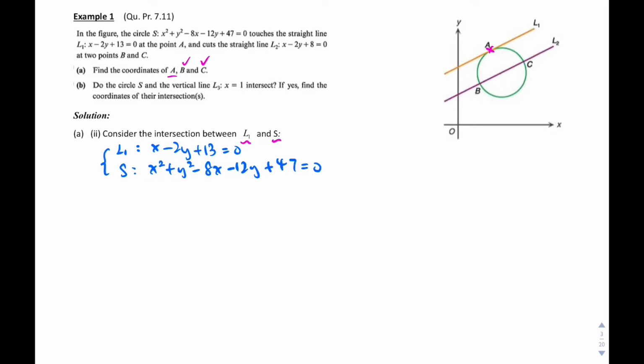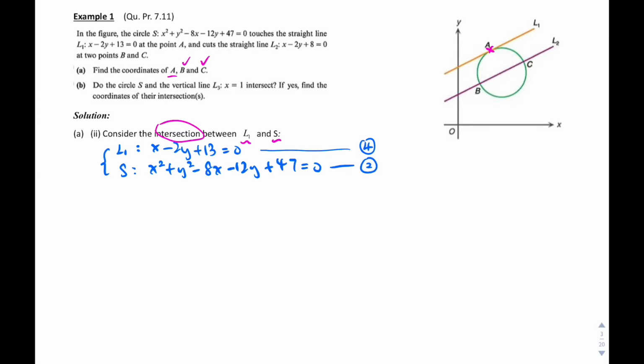After we found the coordinates of points B and C, let's go ahead to find the coordinates of A. That means finding the intersection between L1 and the circle S. Similarly, we try to solve the simultaneous equations. We label the equation of L1 as equation 4. And still we have the equation of the circle as equation 2.